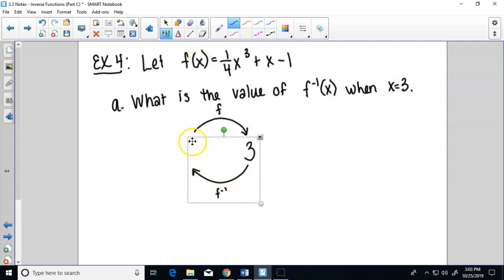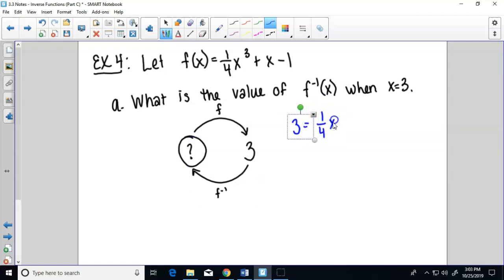So we are looking for the x that gives you 3 whenever you plug it in. What we'll do here is put a 3 here, and so we'll have 1/4 x to the third plus x minus 1.